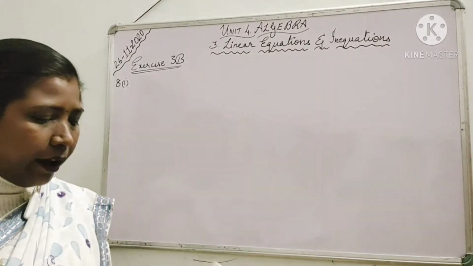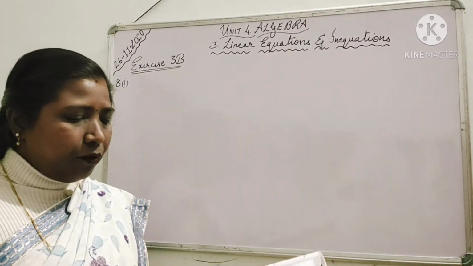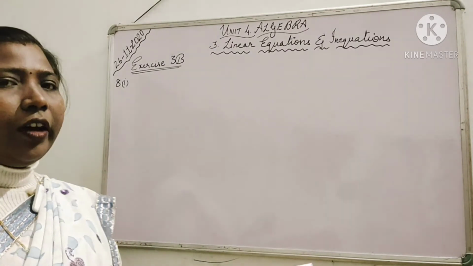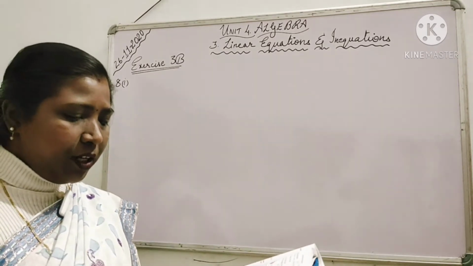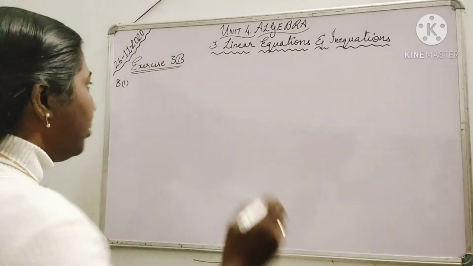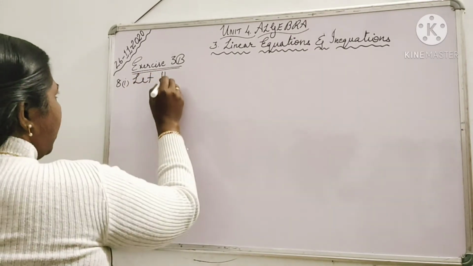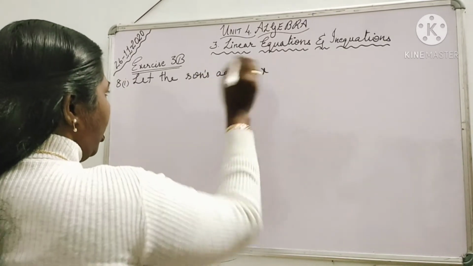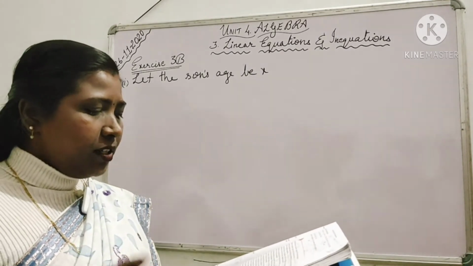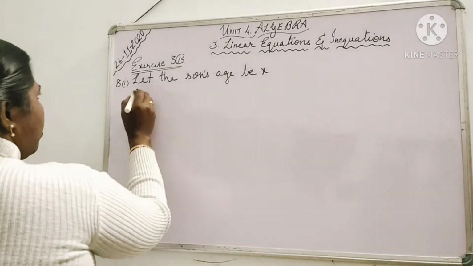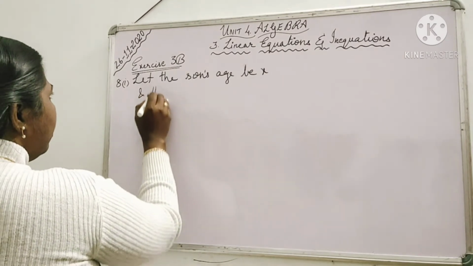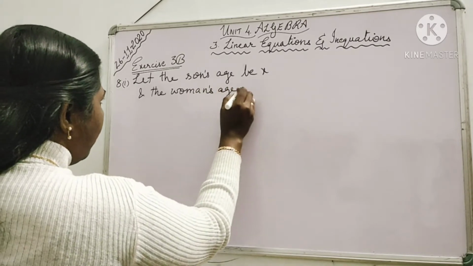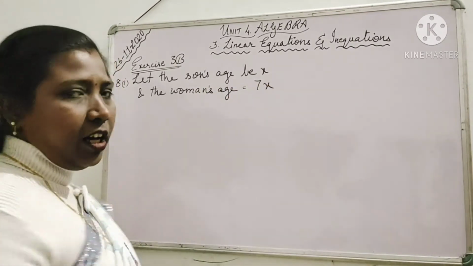Now we have the 8th question: a woman is 7 times as old as her son. Let the son's age be x. The woman is 7 times as old, so the woman's age is equal to 7x, 7 times the son.